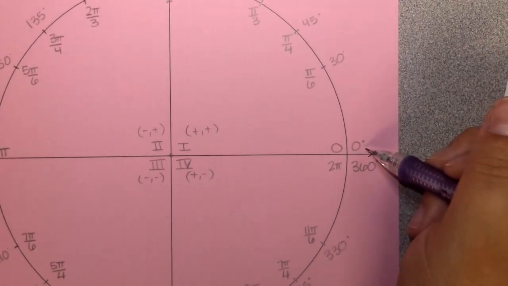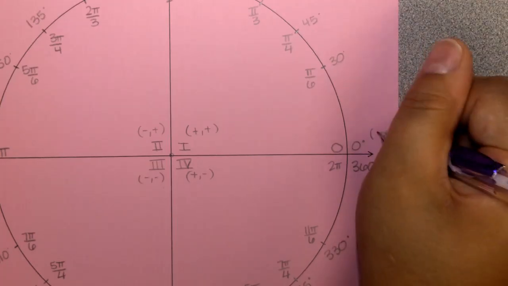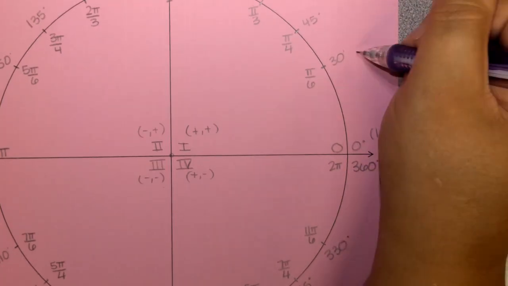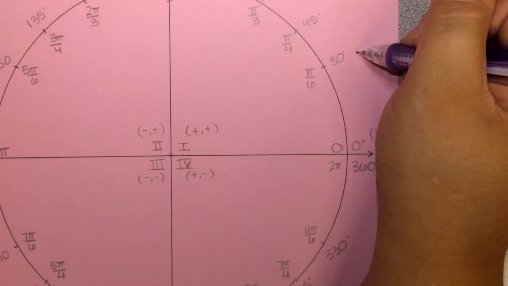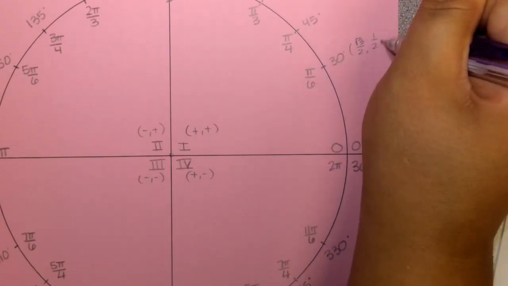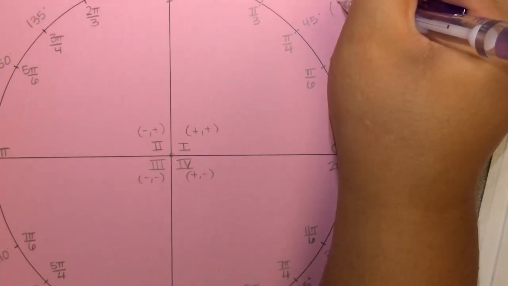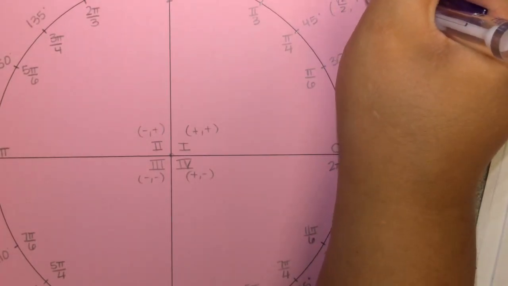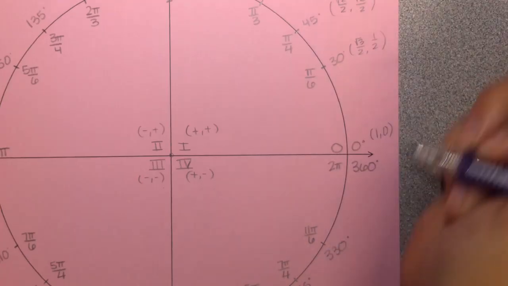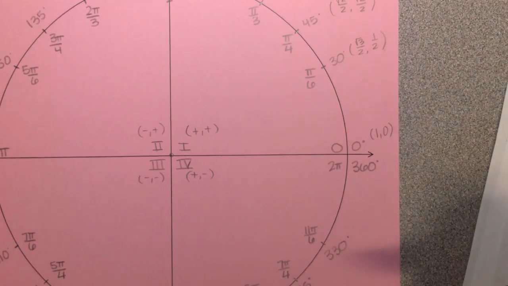Let's try. What's 0 degrees? What are the coordinates here? 1, 0. 30 degrees? Square root of 3 over 2, comma, 1/2. 45 degrees. 60 degrees.